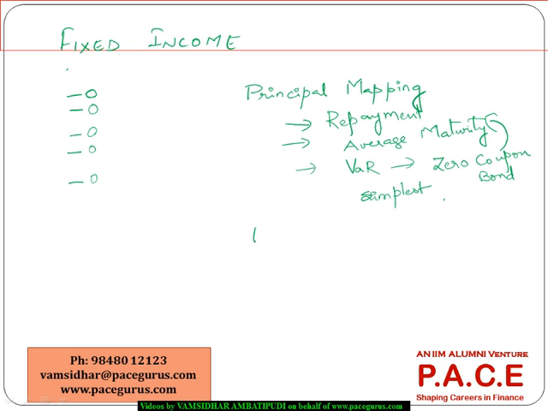Then the other way we can do the mapping is based on duration. Here each bond, based on the duration of each bond position, is mapped to a zero coupon bond of that duration.